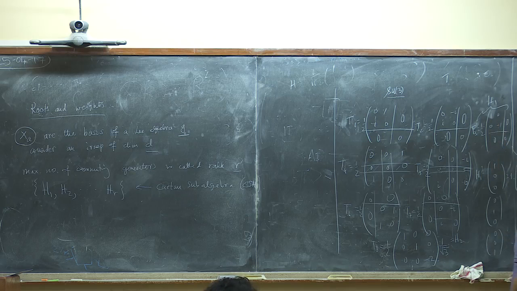H1 acting on this fellow is minus 1 times 0, 1, 0. And H1 acting on this fellow gives you 0 times that.